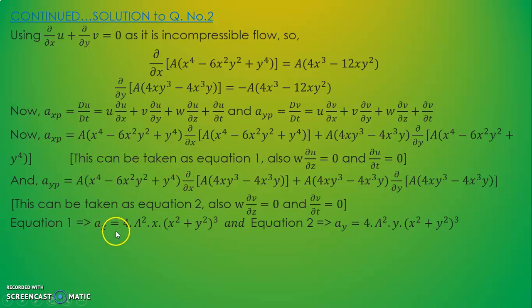Equation number 1 gives ax is equal to 4 into capital A squared into x squared plus y squared raised to the power 3.